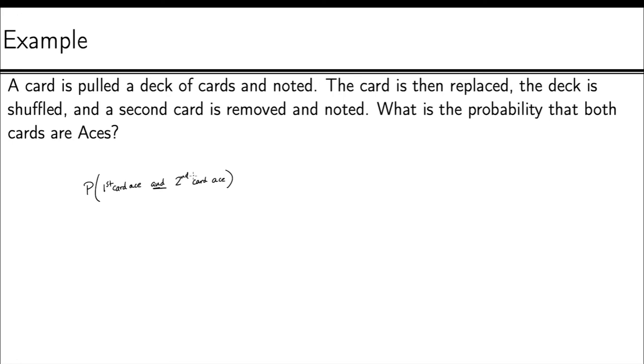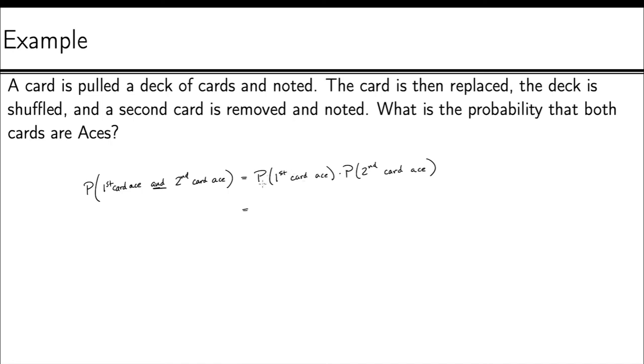But if they are independent, then this is just the product of the two probabilities. The key here is that when we take the first card, right after it, we replace it and then shuffle the deck. And so we don't think that's going to influence our second draw. So this is going to be the probability that the first card is an ace times the probability that the second card is an ace.